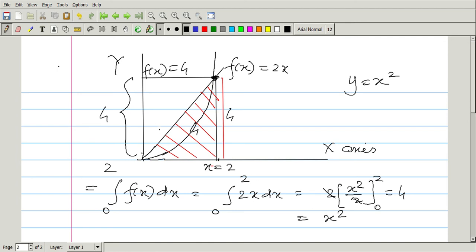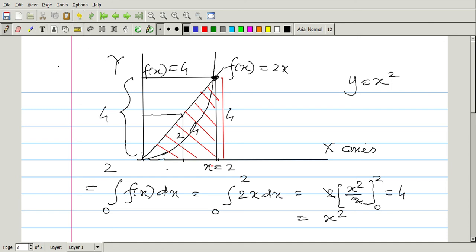Let's check at another particular value. Let's say suppose it is 1. If I put 1, then this perpendicular will be this, whatever I drew. F of x was 2x, so this was 2, 2 into 1 will be 2.